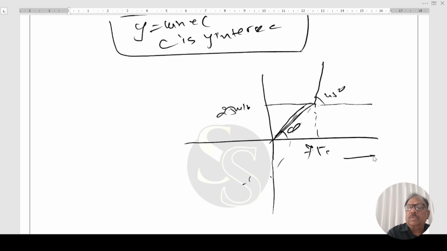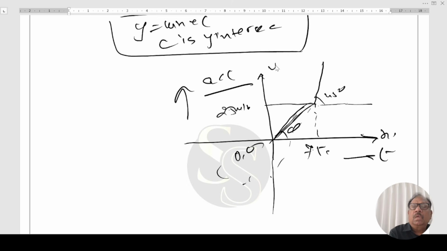This is time, this is acceleration, this is the origin. This is the x-axis, this is the y-axis. This is the line passing through the origin, making tan theta equal to 1 by 3.